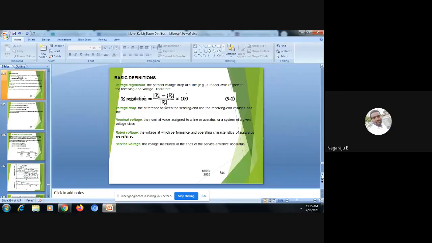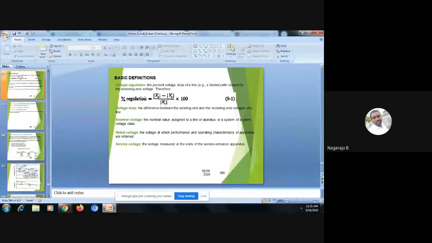Percentage of regulation is Vs minus Vr divided by Vr. What is Vs minus Vr? Vs minus Vr is nothing but the voltage drop. It is the ratio between the voltage drop and the receiving end voltage. When you are going for percentage values, you need to multiply by 100. Voltage drop is the difference between the sending end voltage and receiving end voltage.